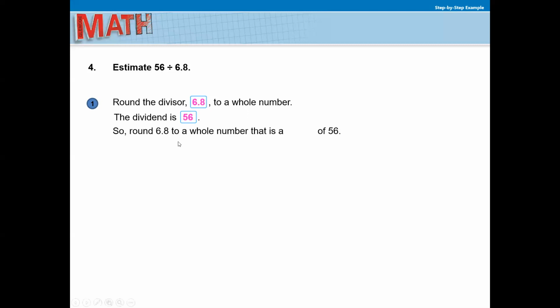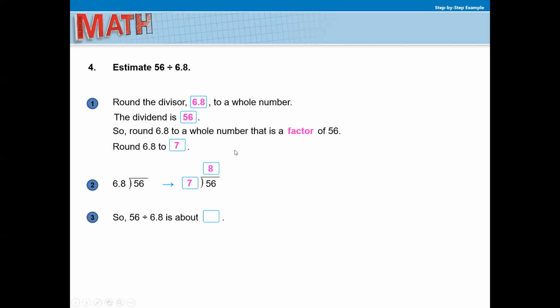So what should we round 6 and 8/10 off to? A factor of 56 would be 7. 56 divided by 6 and 8/10 is approximately 56 divided by 7, which is 8. So 56 divided by 6 and 8/10 is about 8.